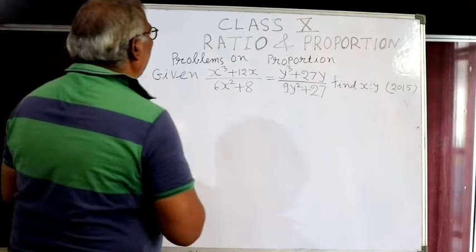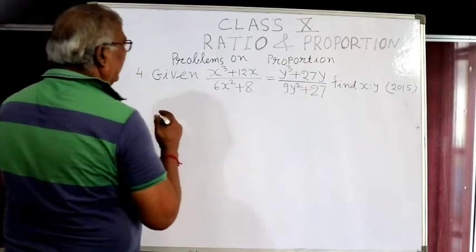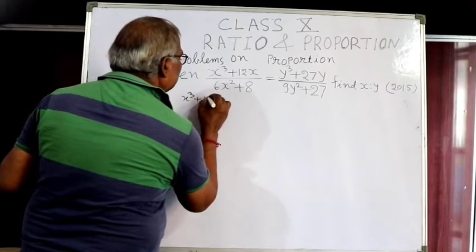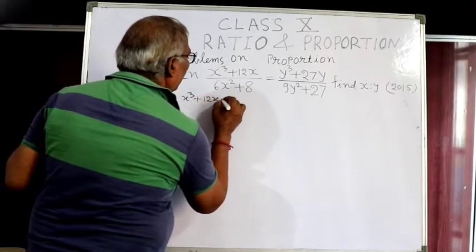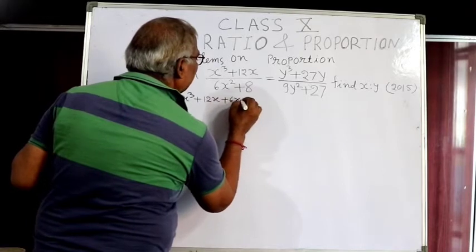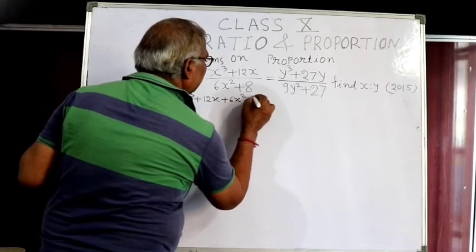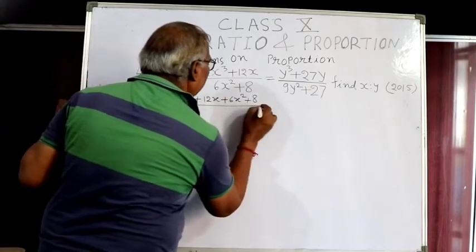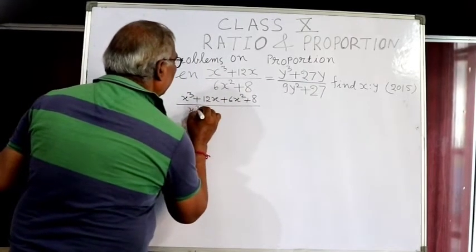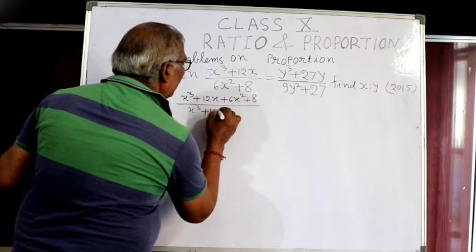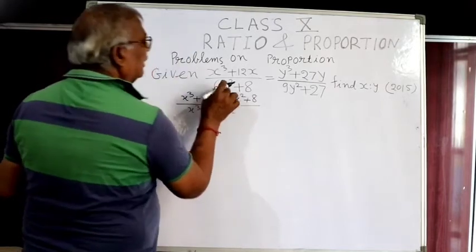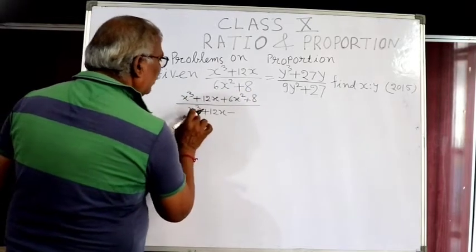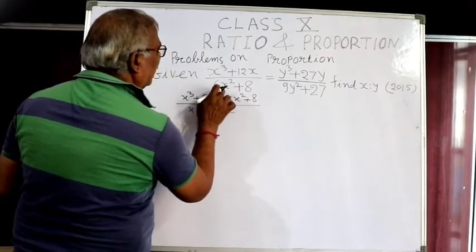Now applying componendo and dividendo rule, we get x cube plus 12x plus 6x square plus 8, numerator plus denominator, upon numerator minus denominator.